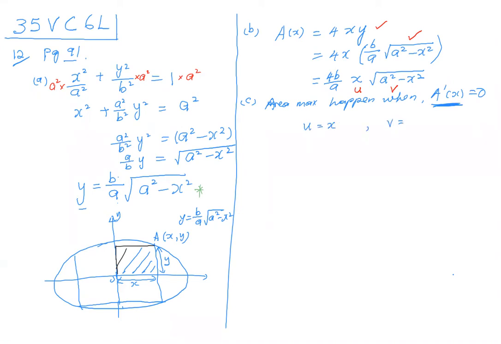If you are a person who needs to write down all these steps, please do so. Nothing wrong with that. So your u prime will be equal to 1 and your v prime, okay? Then your A prime x, you just write down 4b over a, then put in the formula.